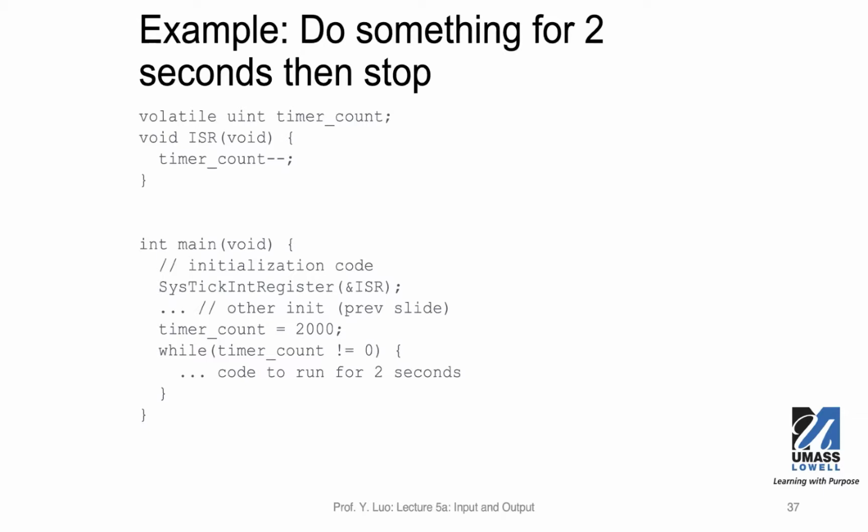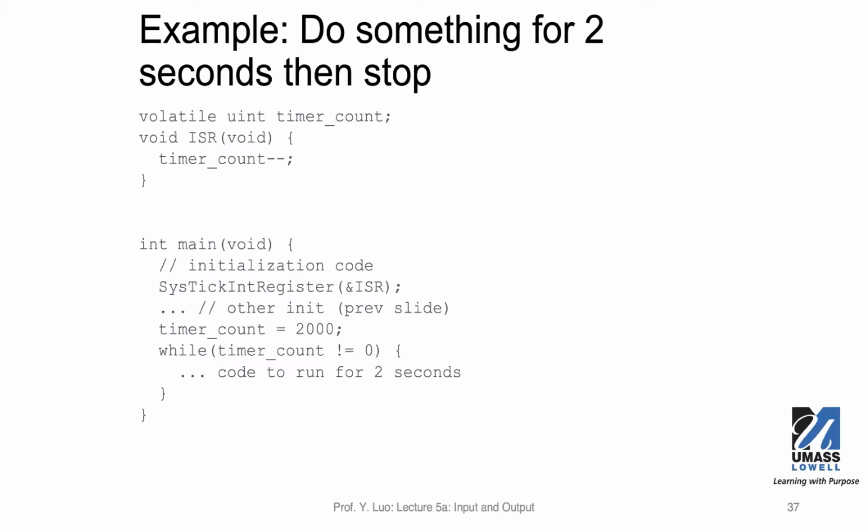As we see here, in the main program, we will first register an interrupt service routine. This interrupt service routine is going to be counting a timer count. And this is where it gets interesting.